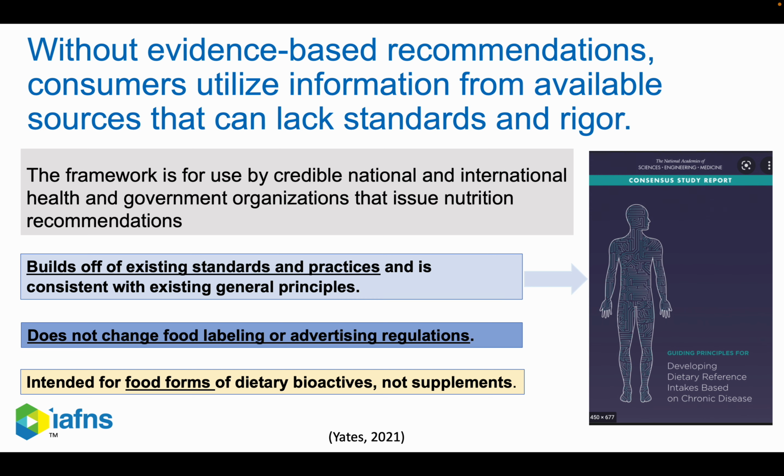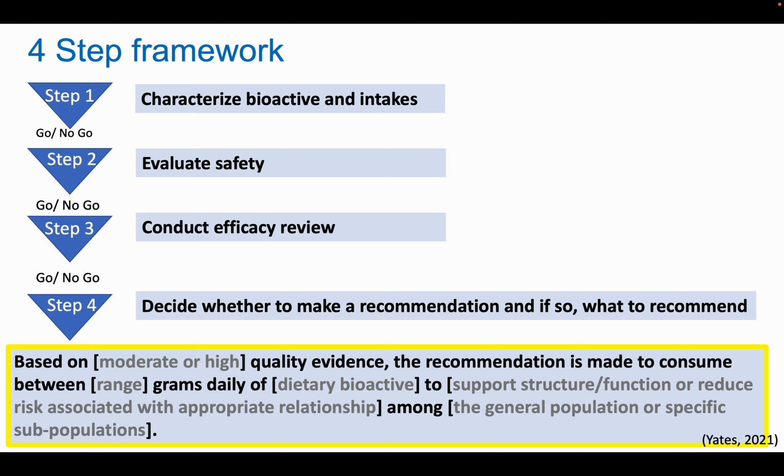of bioactive food forms. There are 4 steps in the framework as shown on this overview slide, with go, no-go decisions after each step in order to determine whether to make a recommendation, and if so, then specifically what will be recommended.